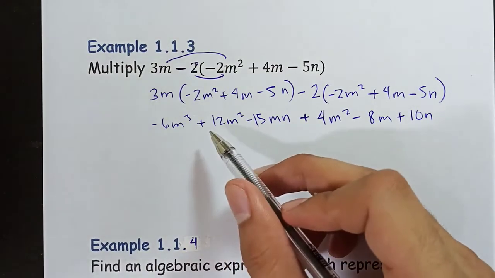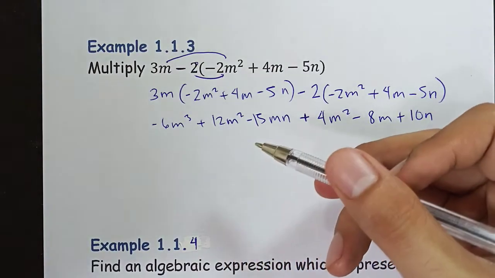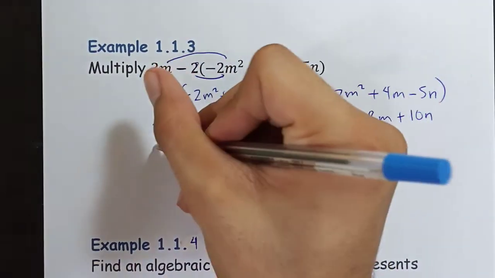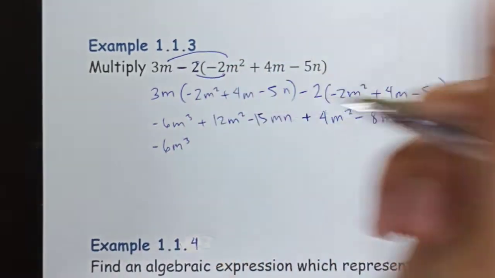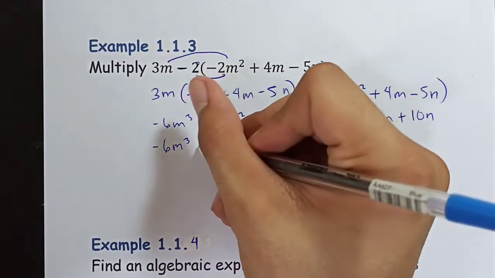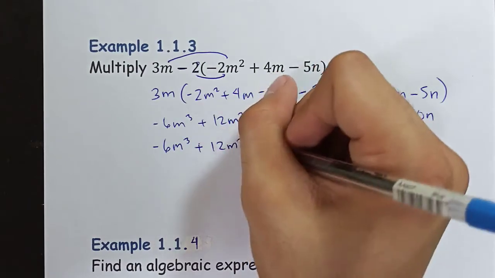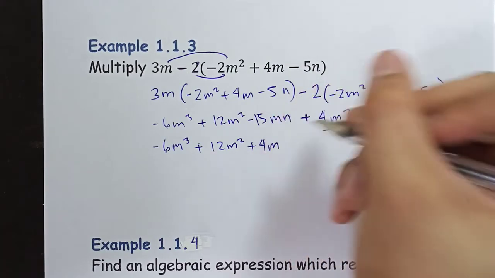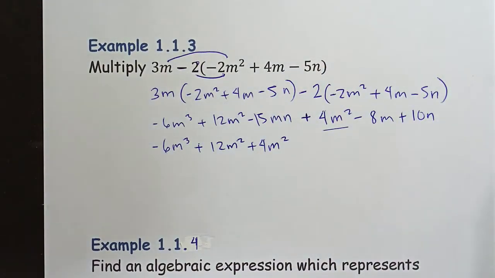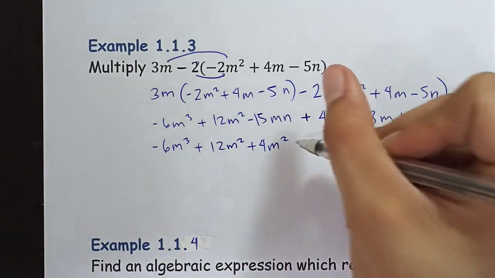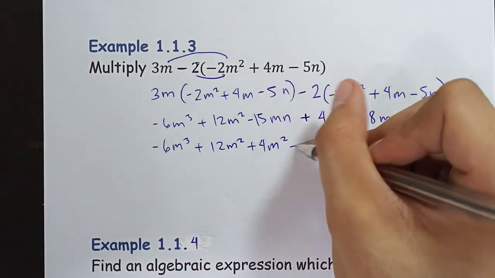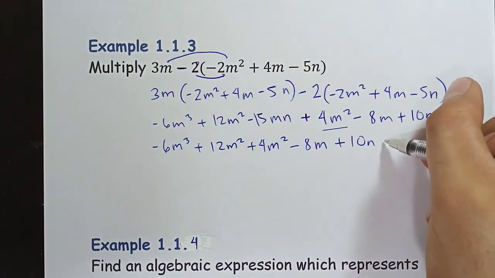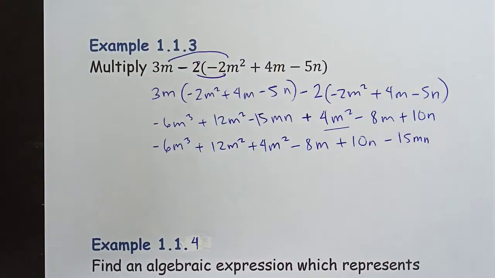Pagsama-samahin natin yung magkakaparehas yung kanilang exponent para alam natin kung ano yung pwede natin ma-add or subtract. So 6m cube, wala na tayong ibang cube, 12m squared, then 4 plus 4m squared, minus 8m plus 10n minus 15mn.